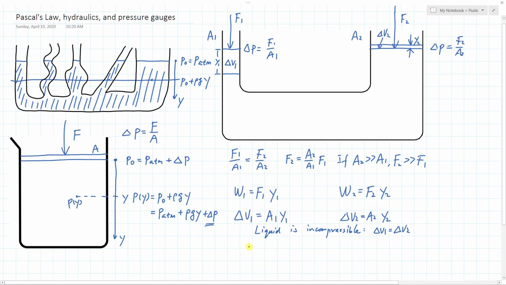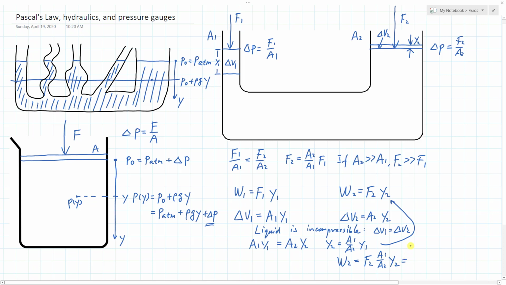So we have, as a result, A1 Y1 equals A2 Y2. So Y2 is equal to A1 over A2 times Y1. And if we plug this into the work equation here, W2 is equal to F2 times A1 over A2 times Y1.